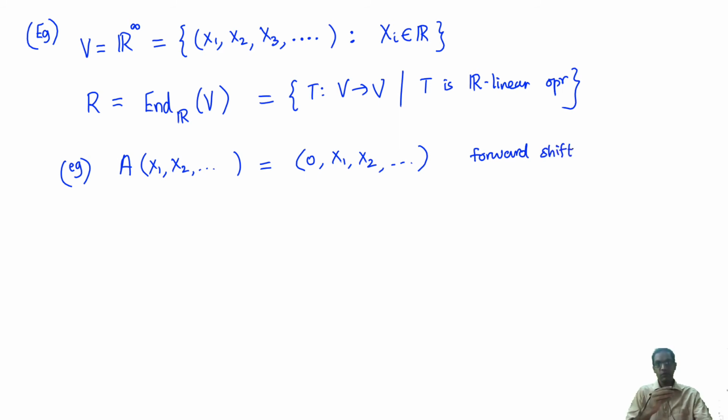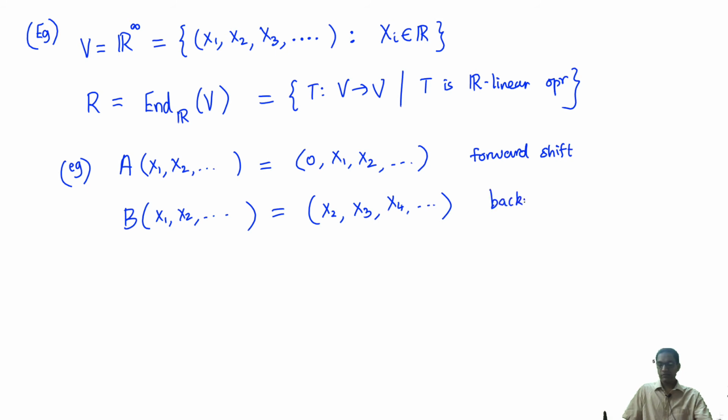It pushes everything one step to the right and puts a 0 in the first place. And there's a backward shift operator, B, which pushes everything one step back, and when it does that, it pops out the first entry, giving x2, x3, x4, and so on. This is a backward shift.